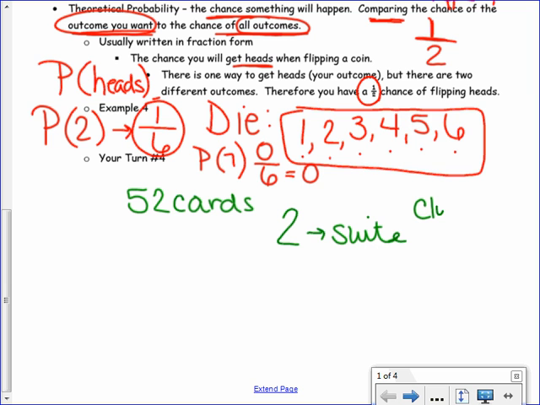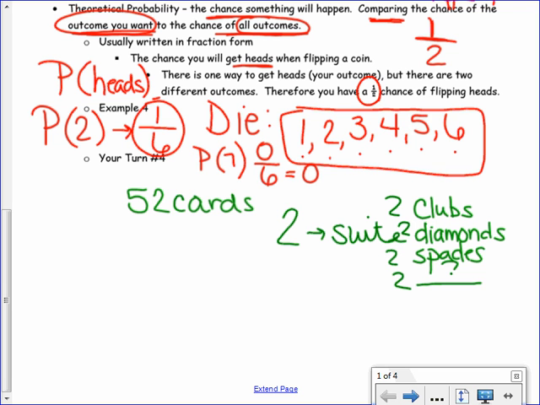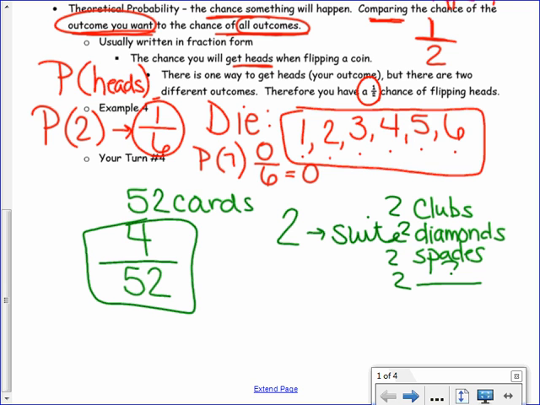There's clubs, there's diamonds, there's spades, and I'm missing one, and I can't think what it is off the top of my head. You're probably yelling at me right now. It'll come to me as soon as I move on. So there's a 2 of clubs, a 2 of diamonds, a 2 of spades, and a 2 of... So there are 4 different 2s out of a total of 52 cards. This is the chance that you're going to get a 2.